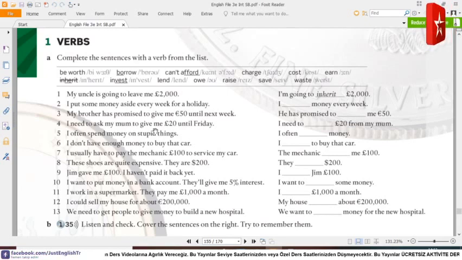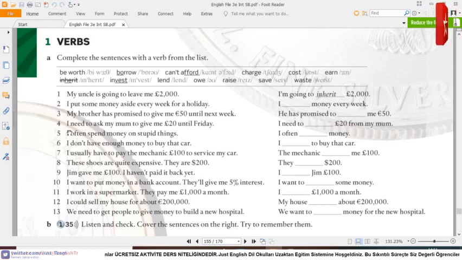Thanks so much for your answer. Yes, my brother has promised to give me 50 euros until next week. He has promised to lend me. Lend means giving some amount of money to someone for a short period of time or long period of time. It depends on the people.